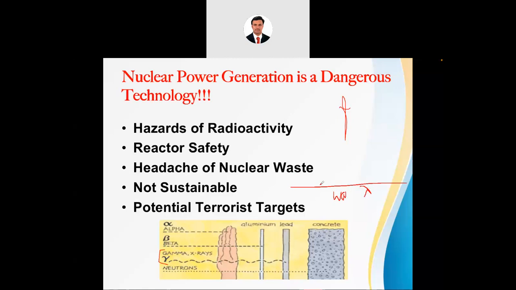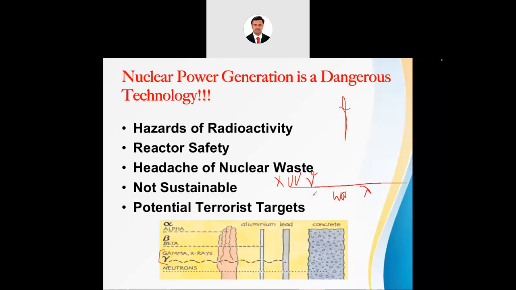You will see that the hazardous radiation has very low wavelength: the gamma rays, the UV rays, and the X-rays, which are very dangerous to the human body, even to plants. These have very low wavelength but very high energy.